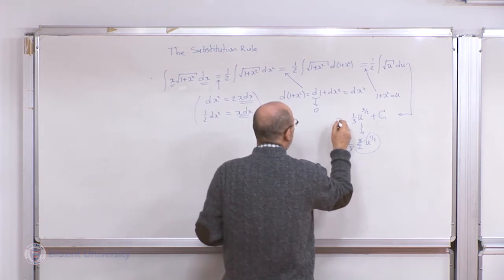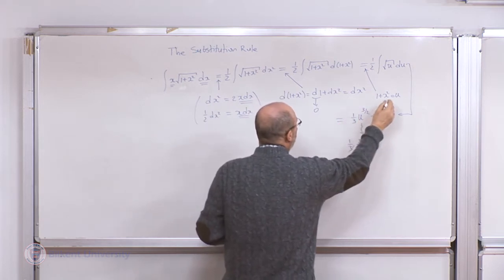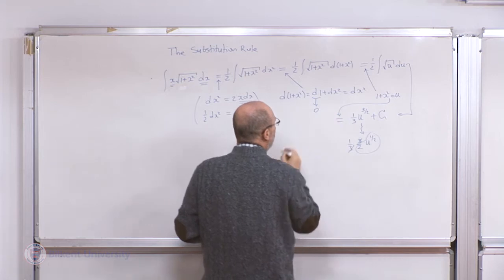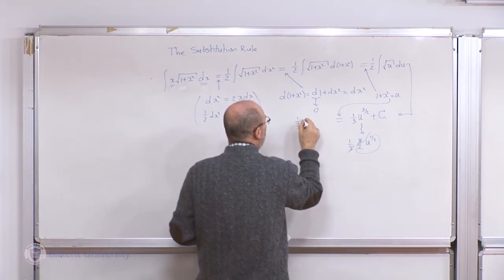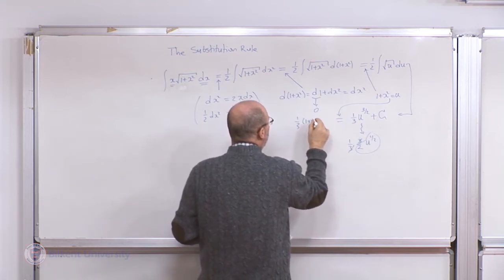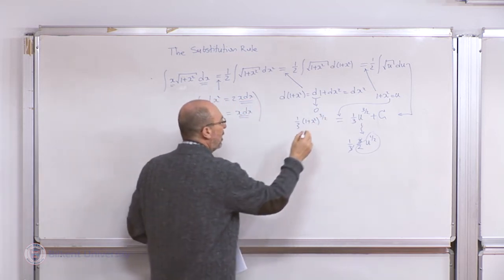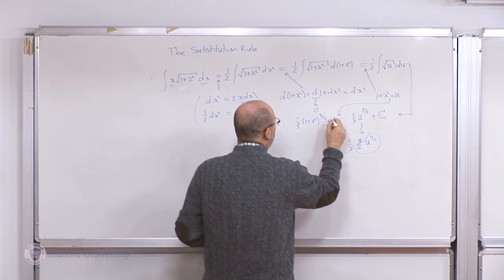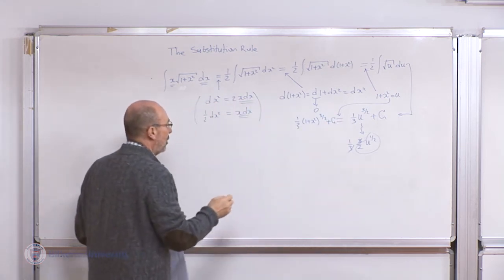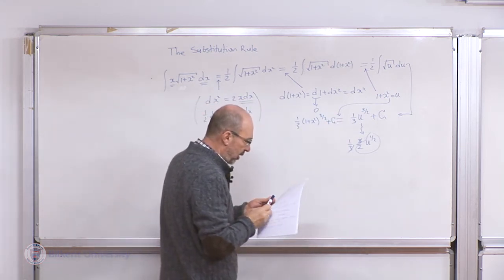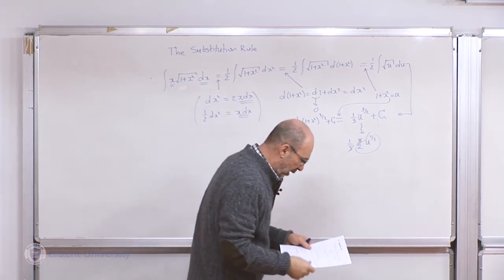So we do the substitution here again. We put it back here. So this is 1 over 3, (1 plus x squared) to the 3 over 2, plus a constant. Okay, so now this is the function. This is the answer to our problem.